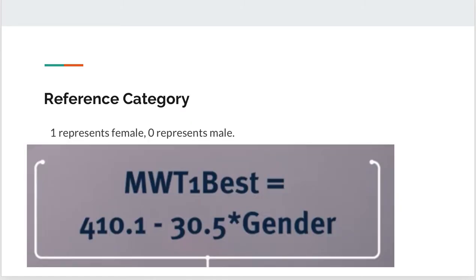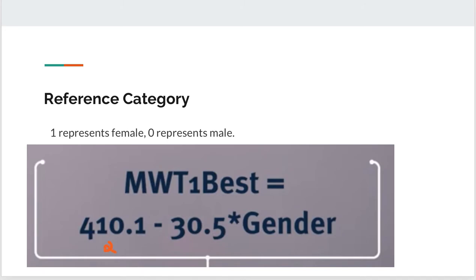And we can definitely change the binary value for the gender by using 1 to represent female and 0 to represent male. Then the equation is going to change like that.